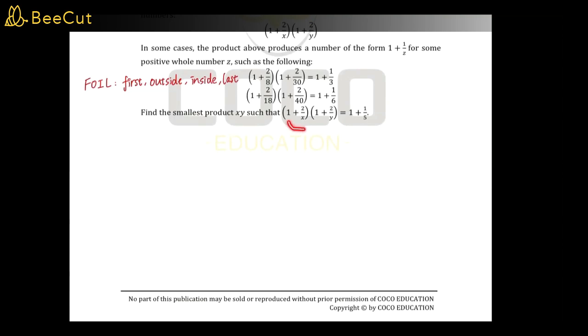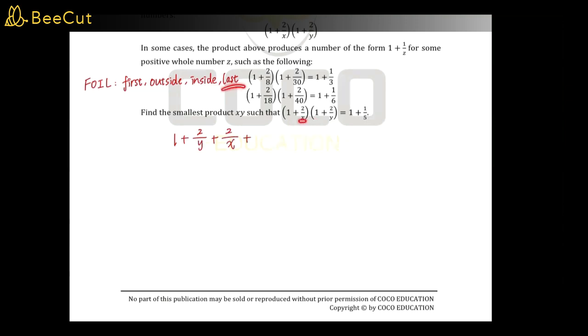The first number of each bracket times together, this is 1 times 1. The numbers outside, 1 and 2 over y, times together equal 2 over y. For inside, the two numbers inside are 2 over x and 1, times together equal 2 over x.